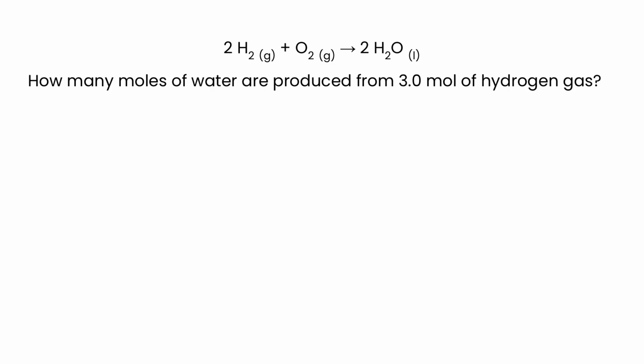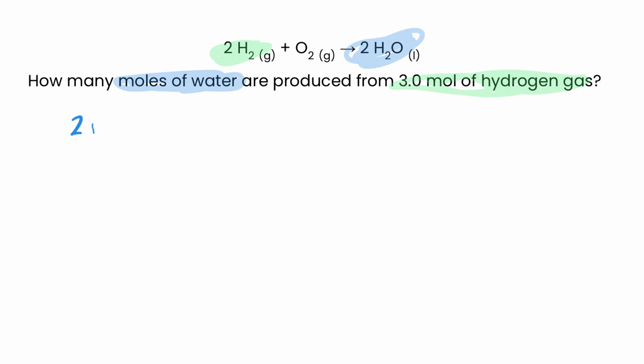So for example, in this problem here, if we get out our highlighter, then we're looking for moles of water and we're given moles of hydrogen gas. So our hydrogen gas is here and our water is here. Now we have a bunch of different mole ratios in here.